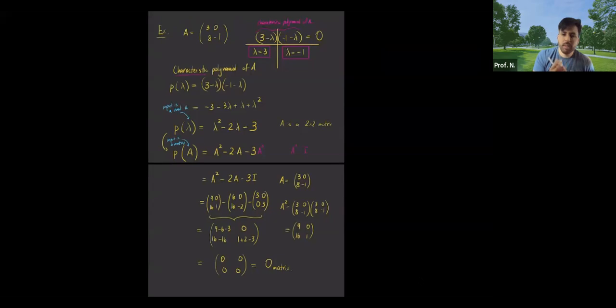Sometimes we have limited exposure to polynomials. We think polynomials are just x squared and we only plug in numbers, but we can actually plug in matrices. That's pretty eye-opening, because this idea of polynomials is actually very profound.